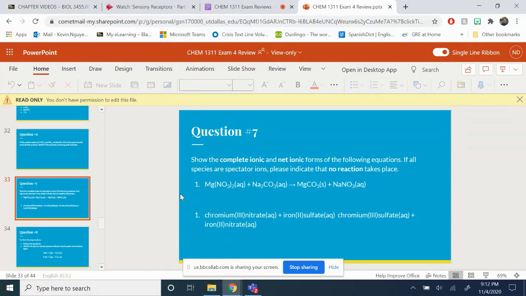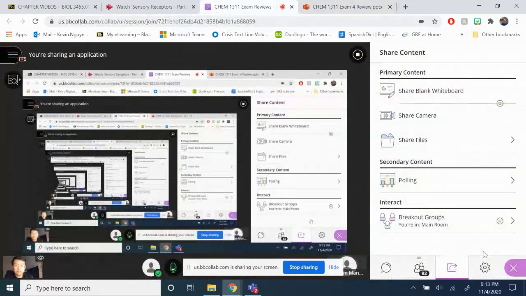Okay, so between iron 2 sulfate and chromium 3 sulfate, so should be a reaction arrow. All right, go ahead and share my board. Go ahead and write it out.